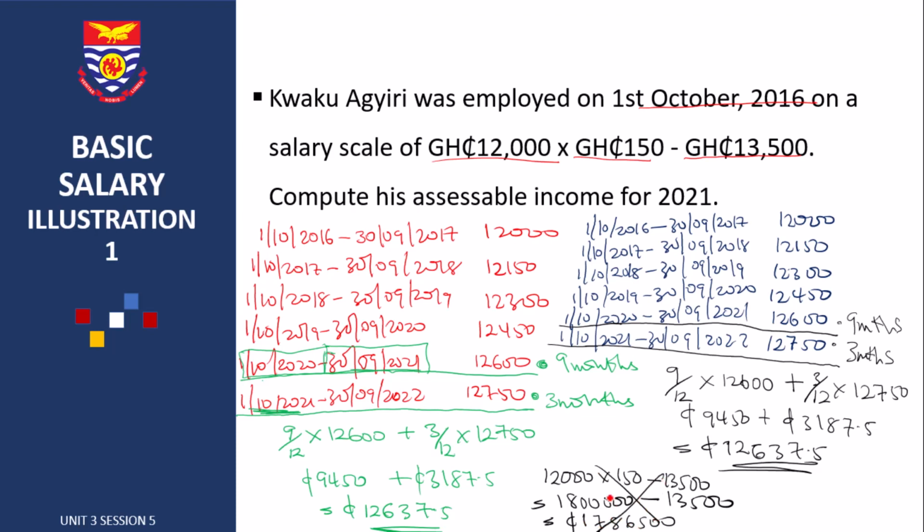This computation is wrong. Never compute basic salary or accessible income this way.